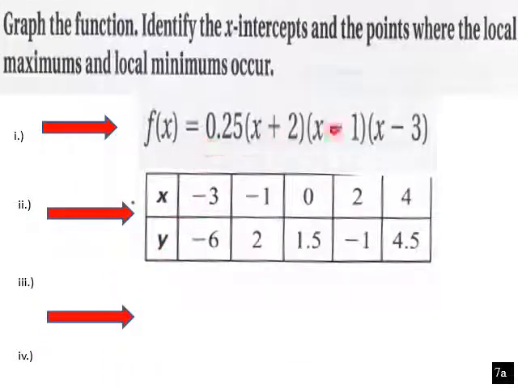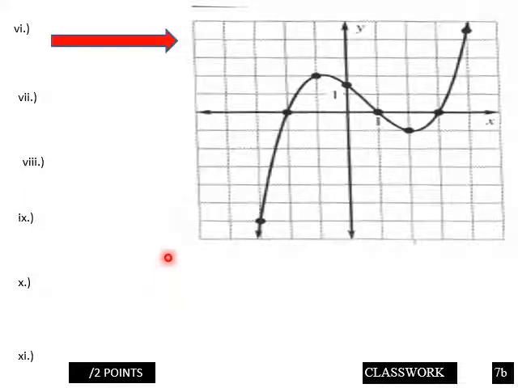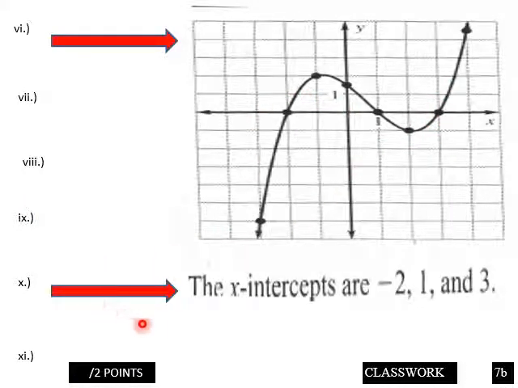Here is a table developed from this function. Here is the table as it's yielded in a graphing calculator, which will be fine. You could enter this into a graphing calculator. And then here would be the plot that you would get from that function. The x-intercepts are thus here and here.